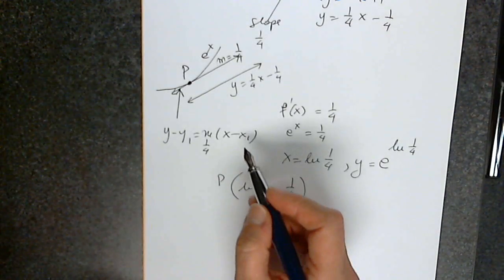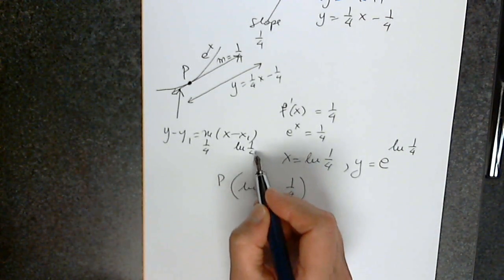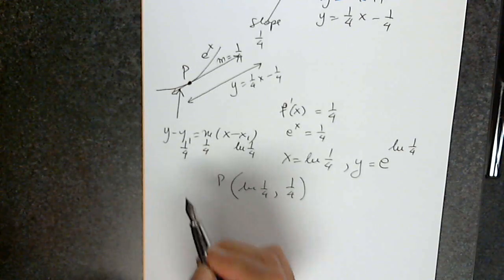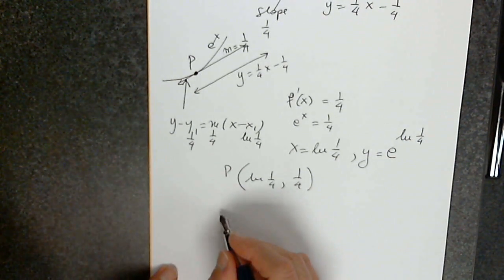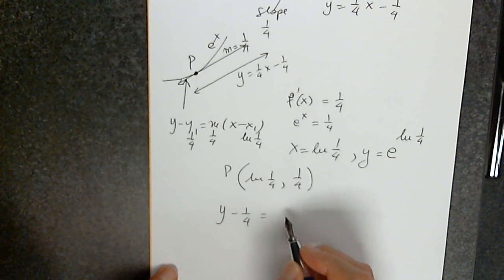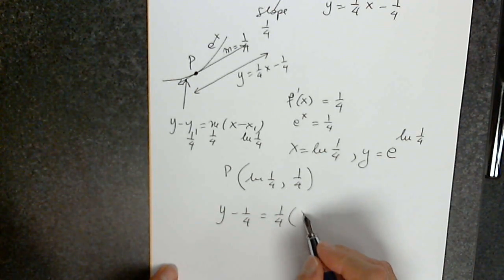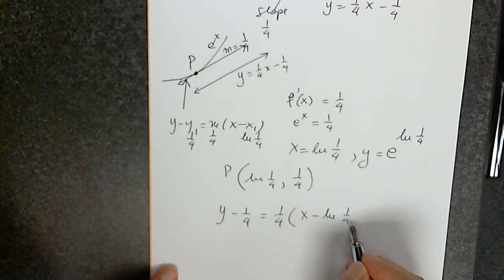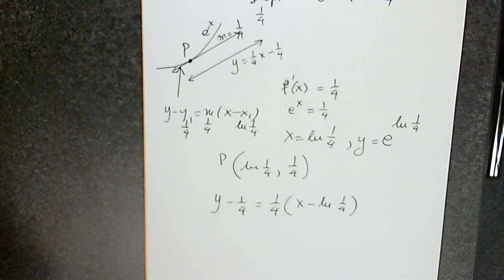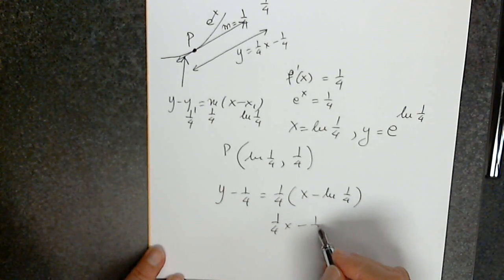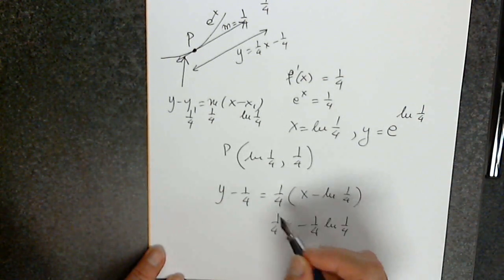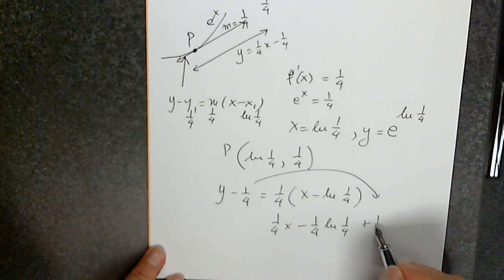So then I have x1, natural log of 1/4, and I have y1, which is 1/4. And now I have the equation. y minus 1/4 equals 1/4 times x minus natural log of 1/4. I'll distribute 1/4 x minus 1/4 natural log of 1/4, and I'll bring 1/4 over.